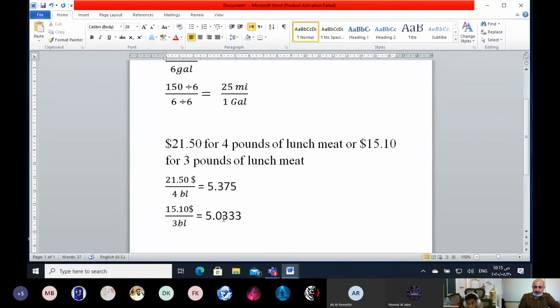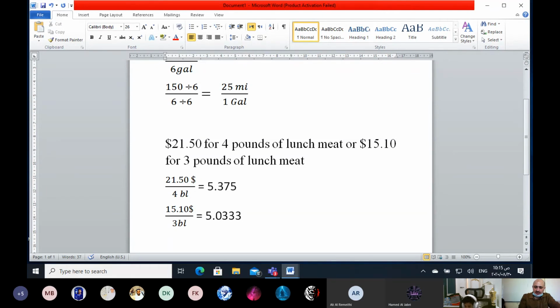Now compare between the two answers. What is the lower price? Here we have 5, here we have 5. Then after the decimal point, here we have 3, here we have 0. So this number is smaller than this number.